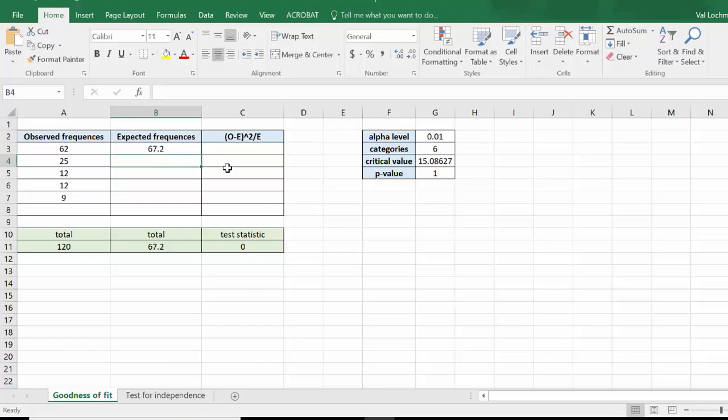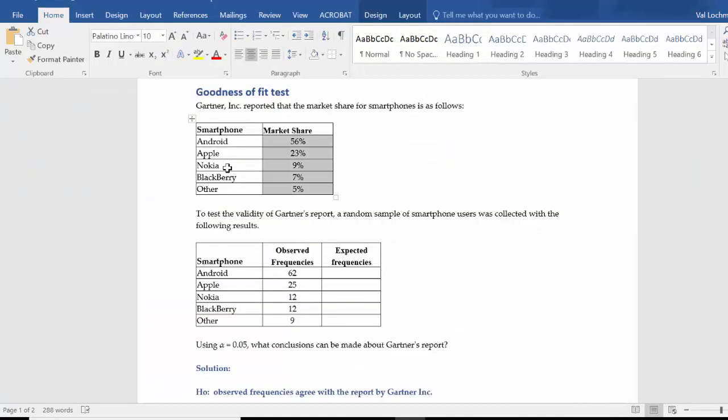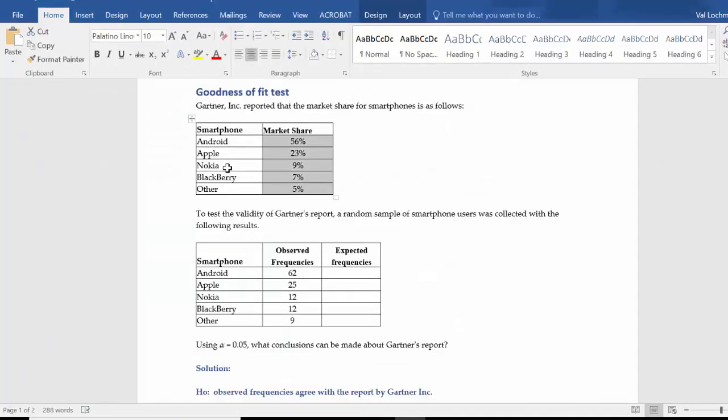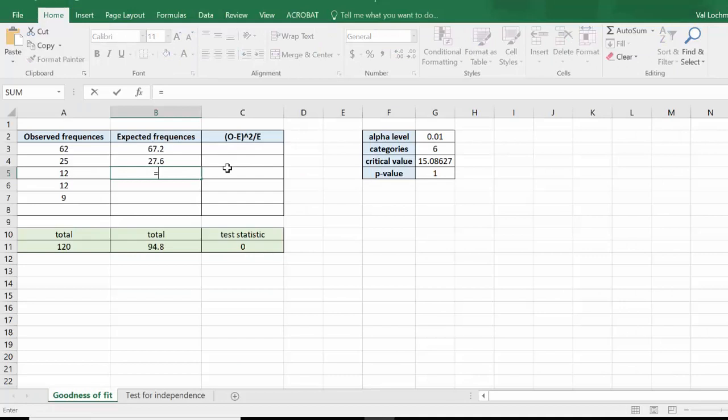Now we just need to do this computation for every category. The next one is 23, so it's 120 times 0.23, then 9, 7, and 5. So 9% would be 120 times 0.09, then 7%, and 5%, that would be times 0.05.